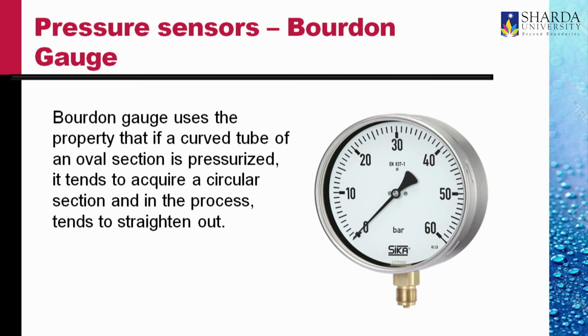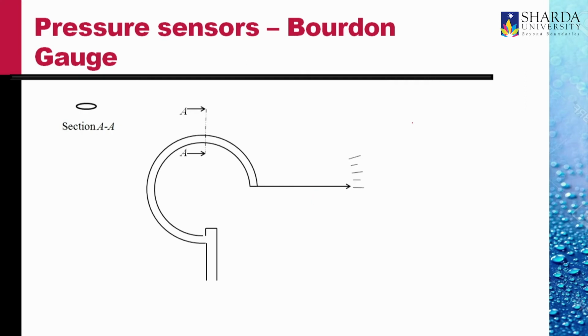Bourdon gauge is a gauge that is used to measure the pressure most commonly. It uses the property that if a curved tube of an oval section is pressurized, it tends to acquire a circular section and in the process it straightens out. This we show here. We have shown a curved tube with an oval section shown here.